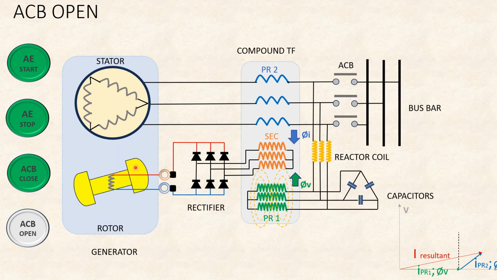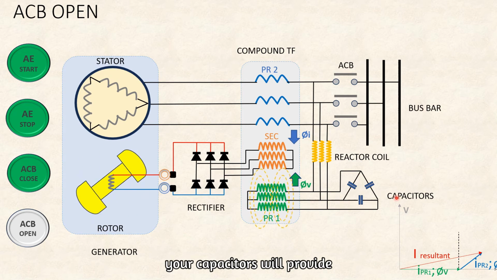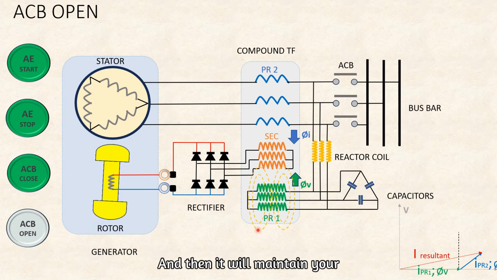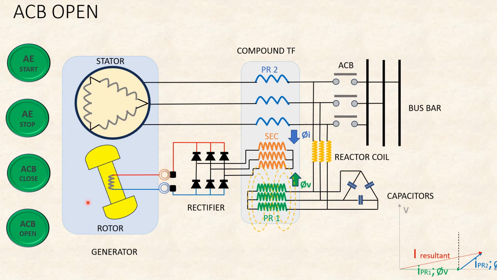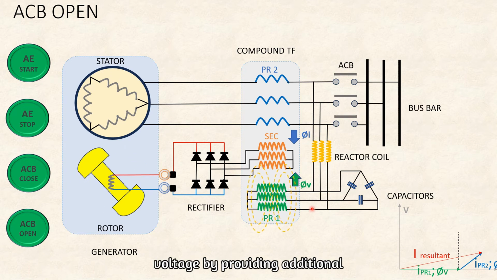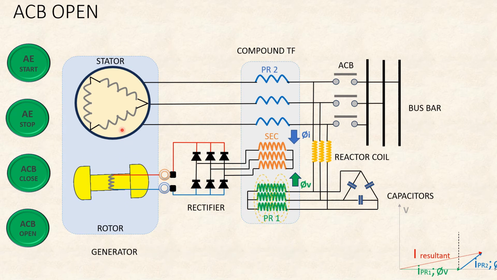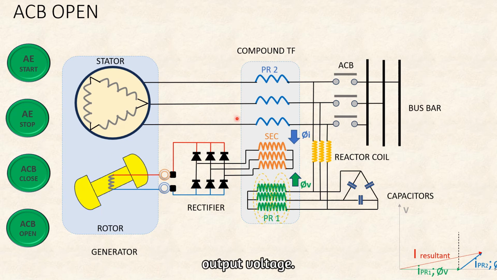In such a situation, your capacitors will provide leading VAR, and then it will maintain your rated voltage by providing the additional current or voltage required to maintain the stator output voltage.